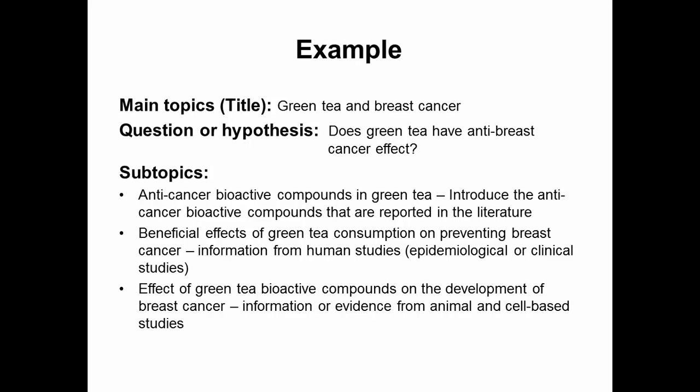And the second paragraph or subtopic, you want to include the beneficial effect of green tea consumption on preventing breast cancer. So you gather all the information from the human studies. For example, you want to present the human studies first.